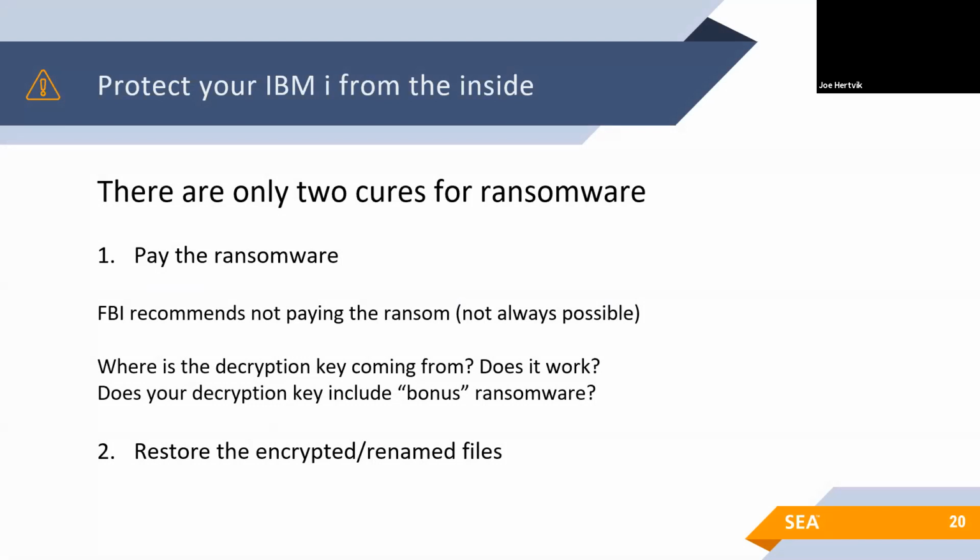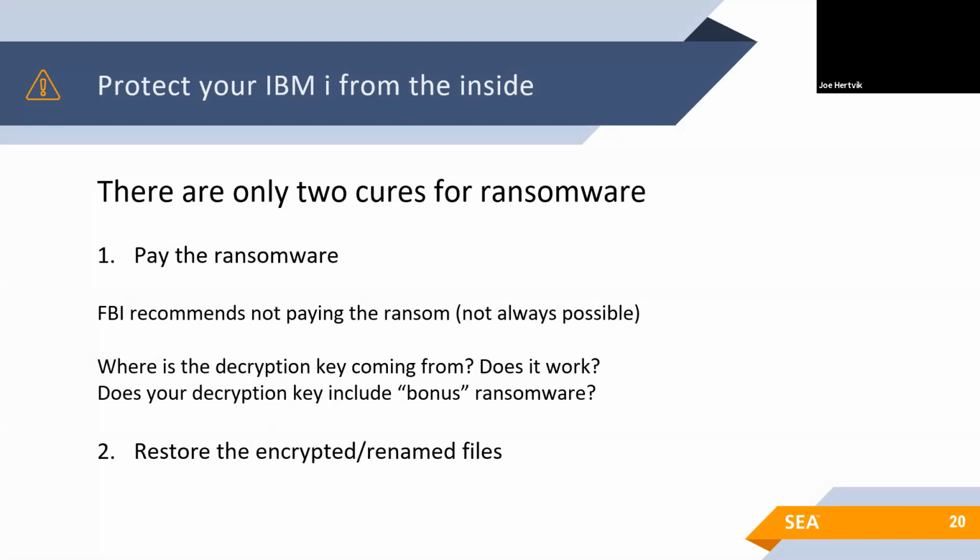Okay, when you actually get ransomware, we don't make any recommendations as to what approach you should use to cure your system of ransomware or to restore your system back to normal, but choose whatever option works best for you. Generally, there are two ways you can cure your system of ransomware.